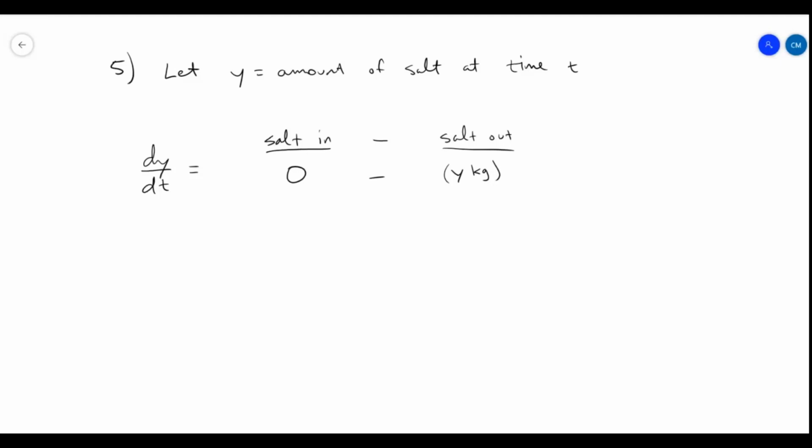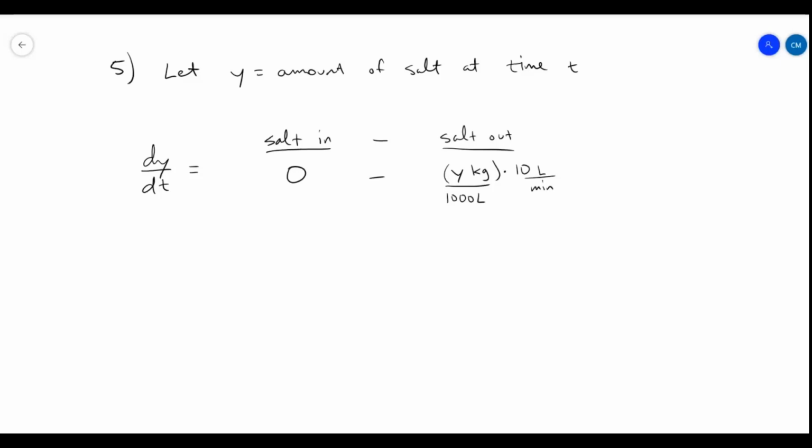Then it is exiting at a rate of 10 liters per minute. So times 10 liters per minute. But really, we need a concentration here. So it's actually y kilograms of salt per 1,000 liters, right? That would be the concentration of salt at any time, okay?